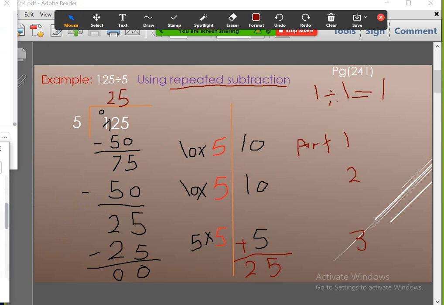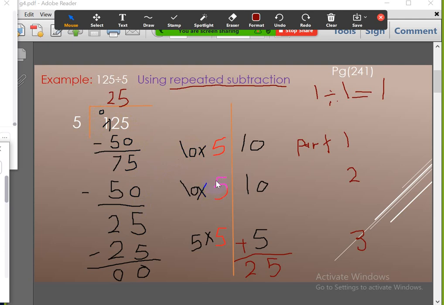Teacher, my question is, after 75 and 50, from where did 75 come? And teacher, no, sorry, why does 50 come again?